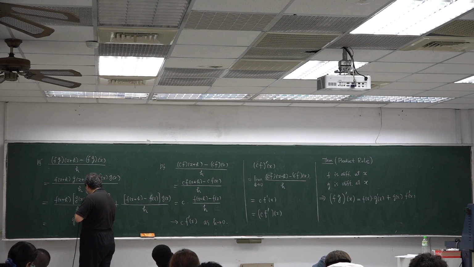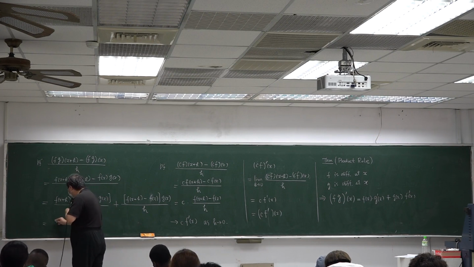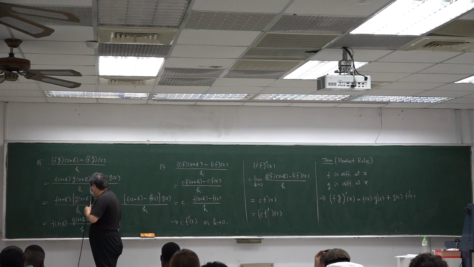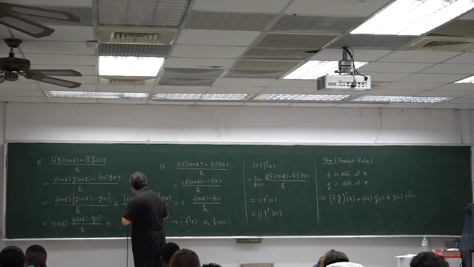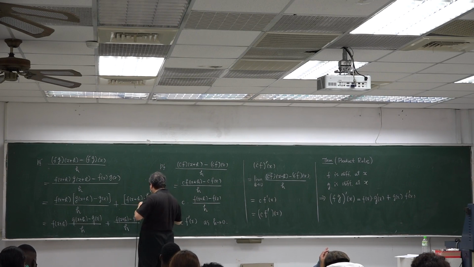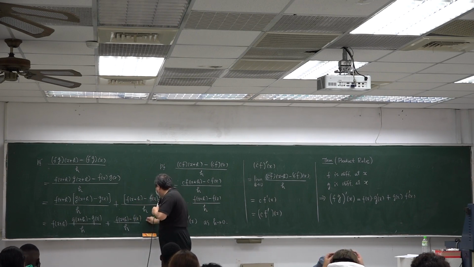By constant multiple rule, the rate of change of g is enlarged by f of x plus h times. And also, the rate of change of this one is enlarged by how many times?